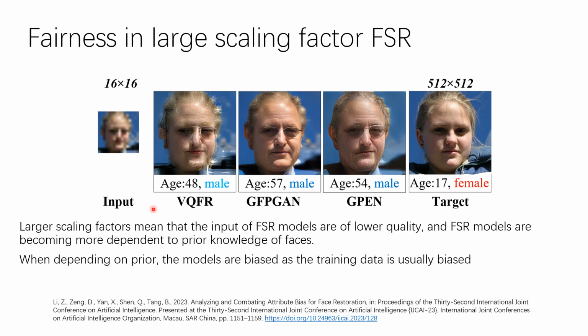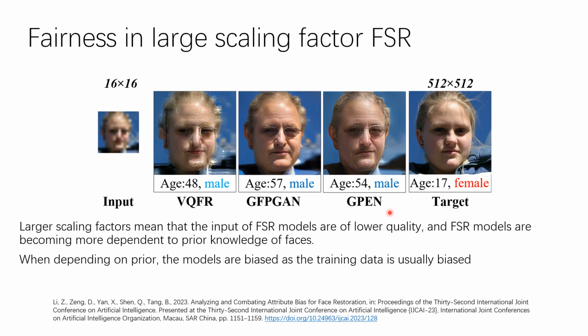And so for these three models, we decide to generate, or super-resolve, a middle-aged white male. But the ground truth for the picture is actually a young white female.